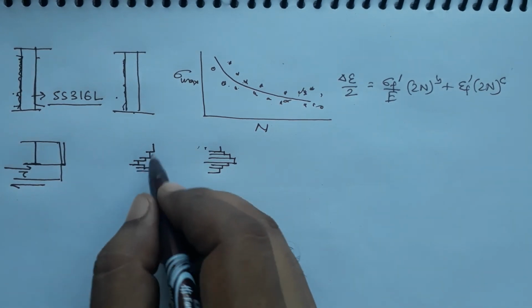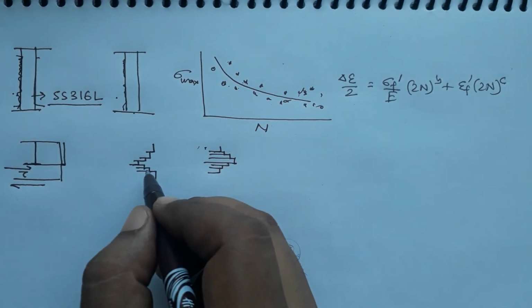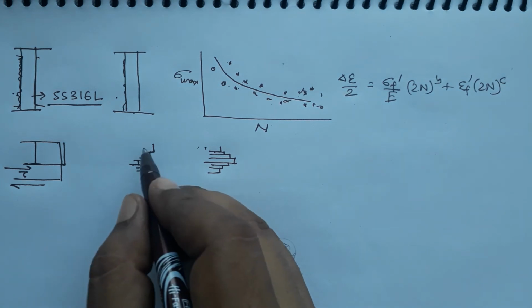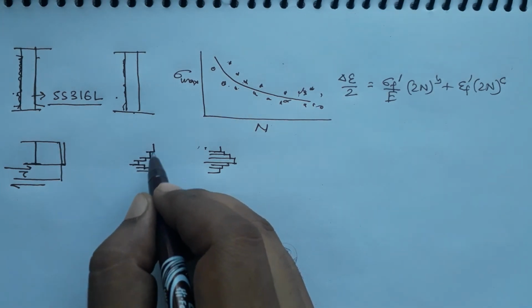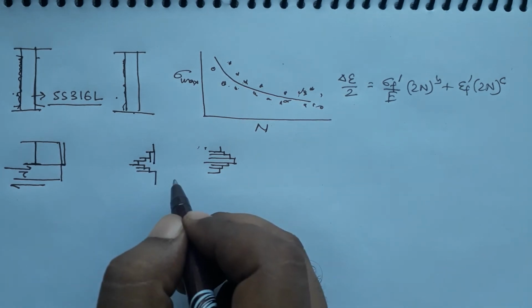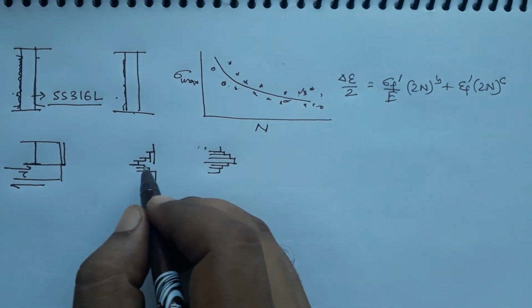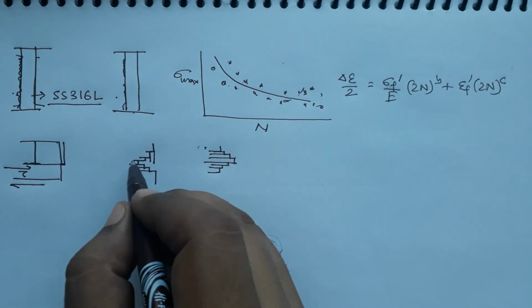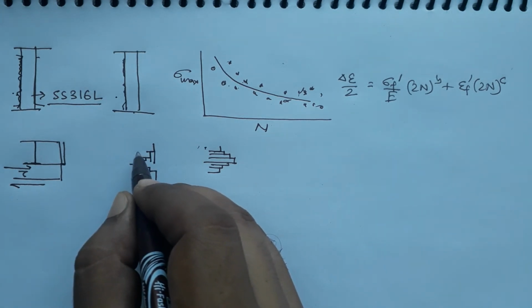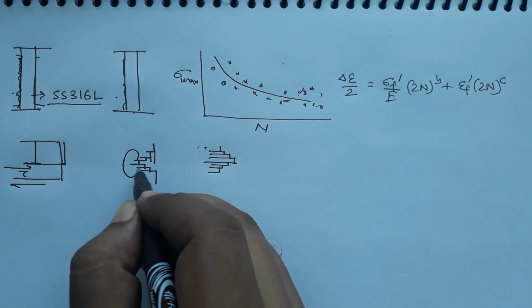Here, this is happening at an atomic scale, because this is one step. This dimension is one atomic distance. If it acts as a notch, then you can imagine that there will be a plastic zone here.